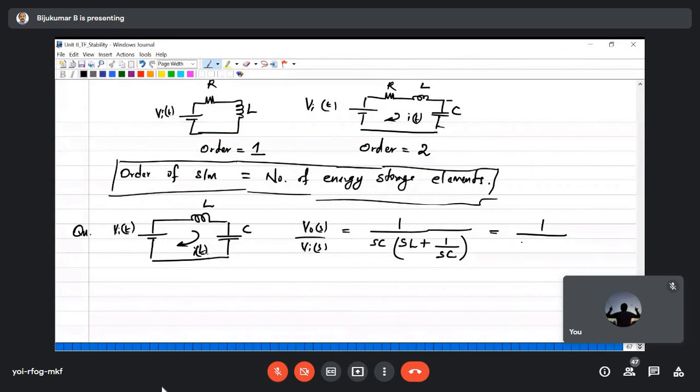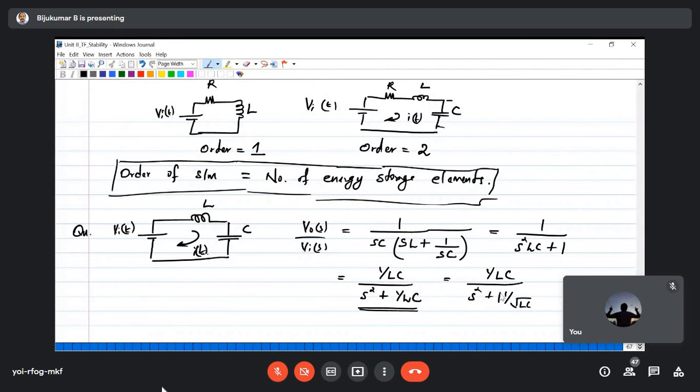I will get S square LC plus 1. So it can be written as 1 by LC divided by S square plus 1 by LC. Right? 1 by LC divided by S square plus 1 by LC, the whole square.